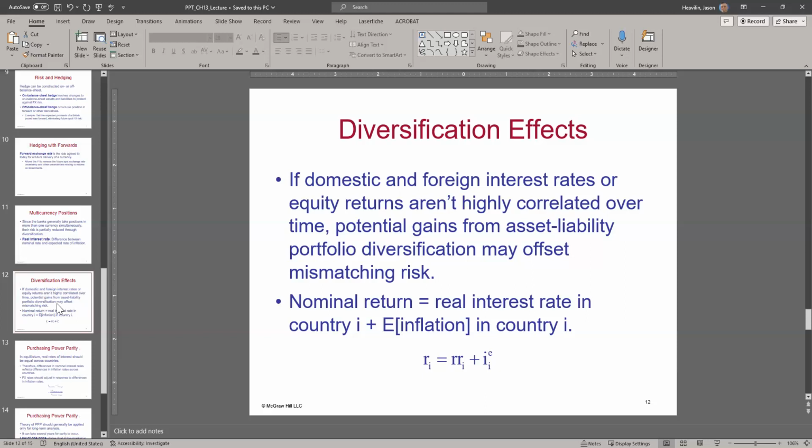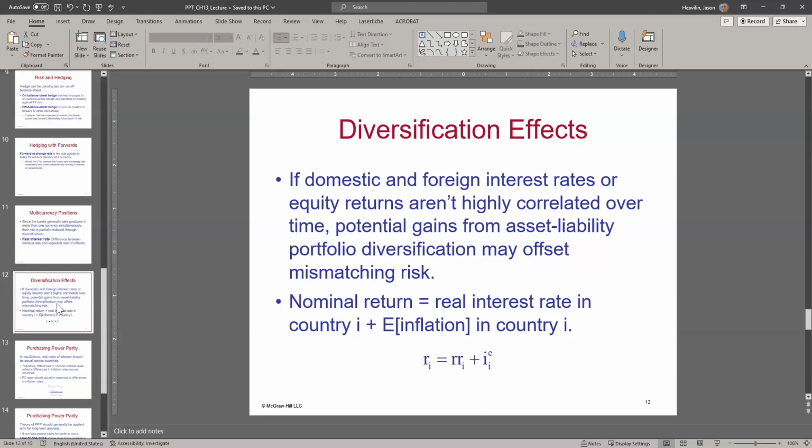The more mismatch there is, the more risk. However, if the foreign interest rates or equity returns aren't highly correlated over time, then you may enjoy some gains in your asset liability portfolio diversification that may offset any potential losses from the mismatching risk.